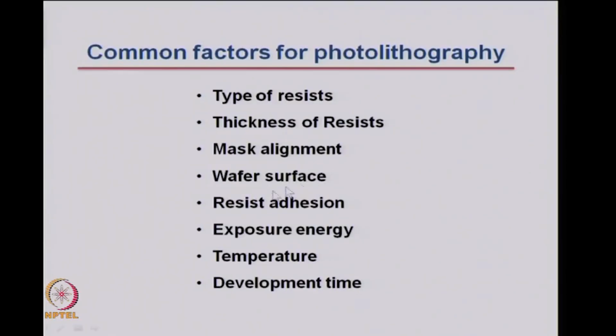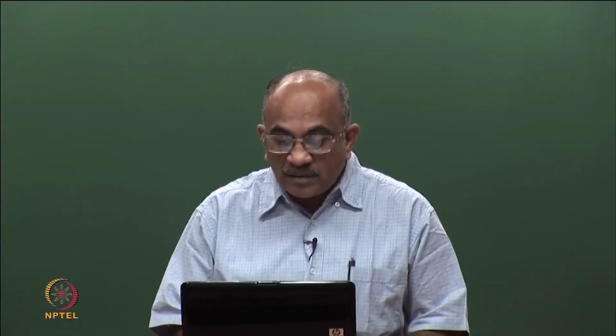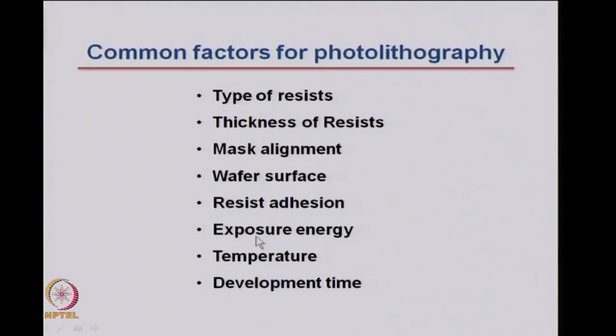So, the silicon wafer surface has to be very clean, and then you have to bond the resist very carefully. So, the adhesion of the resist, this property of the resist material, whether it adheres to the surface properly, is important. Then you have to optimize the energy of the radiation that you are using for exposure of this film.